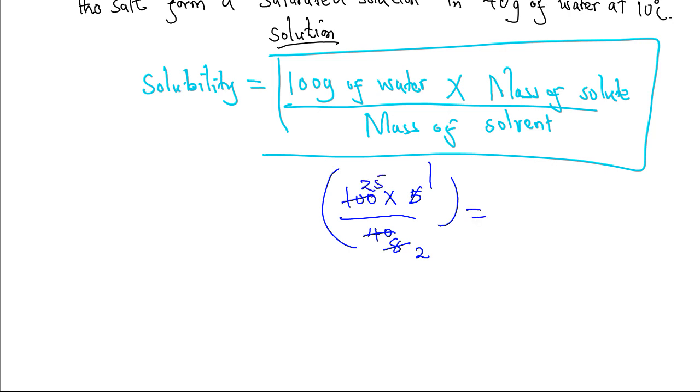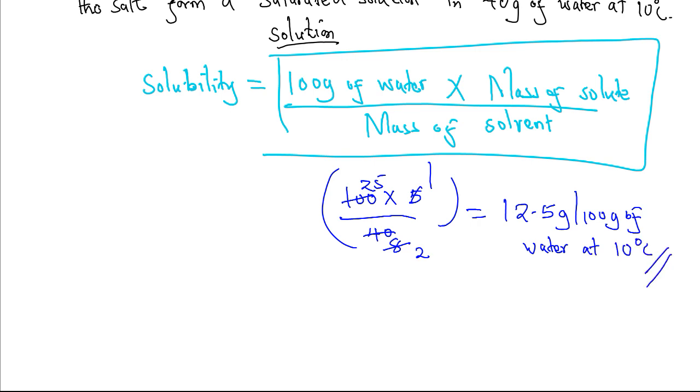And that is exactly 12.5 grams per 100 grams of water at 10 degrees Celsius. And that is our solubility. Another example. It is normally important to do many examples so that we understand them better.